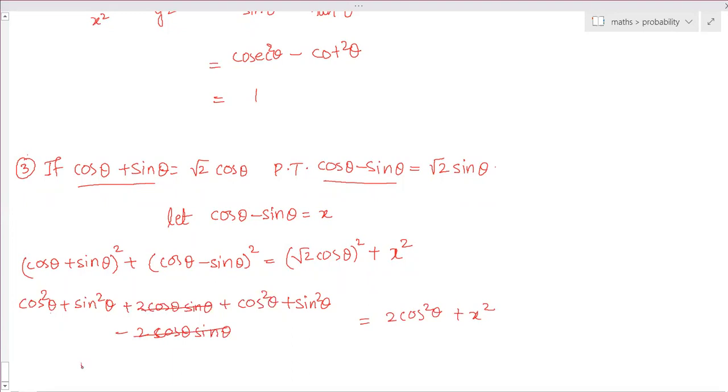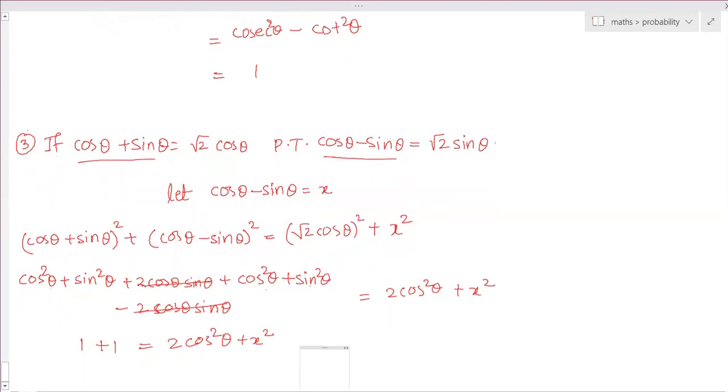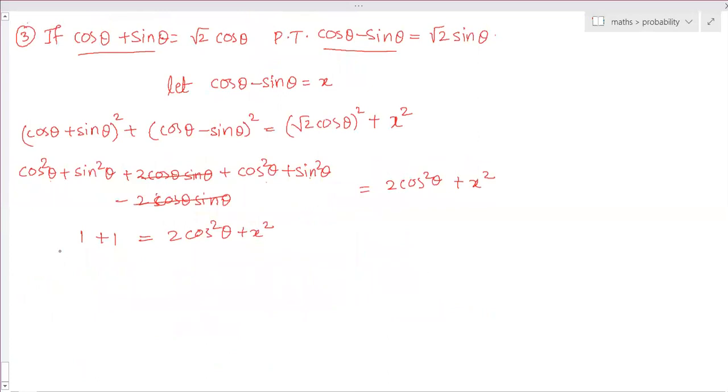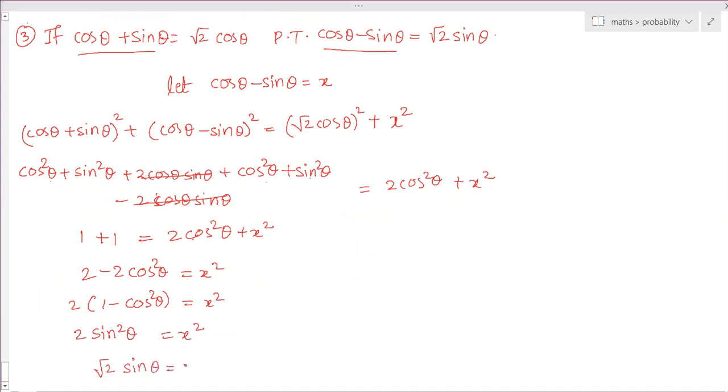Cos square theta plus sin square theta is 1, again 1. So 1 plus 1 is 2, equal to 2 cos square theta plus x square. This 2 cos square theta comes to this side: 2 minus 2 cos square theta is equal to x square. So 2 into bracket 1 minus cos square theta is equal to x square. 1 minus cos square is sin square theta, so 2 sin square theta is equal to x square. Then take the square root: root 2 sin theta is equal to x.